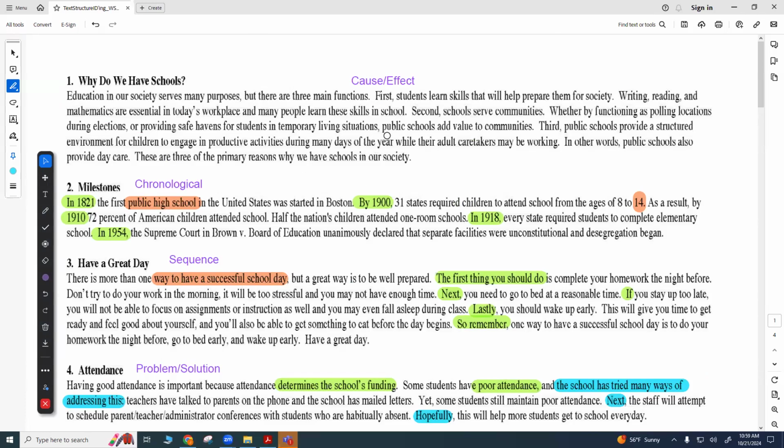And so once again, there's not a lot of signal words to help us unless you think generally about describing something's functions. A function tells us why. It gives us the cause for something's existence. Schools just didn't always exist.